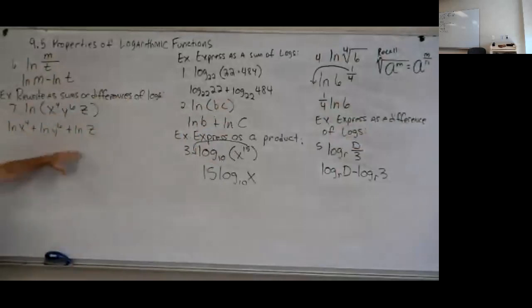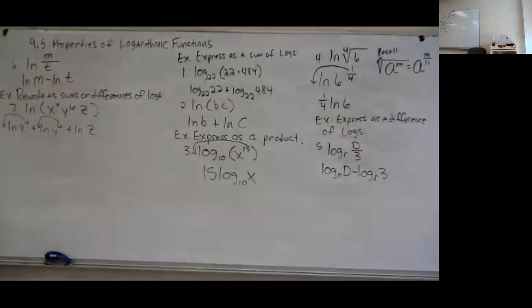Now, that's rewritten as a sum, but there's one more thing I got to do to all of these. Can you figure that out? Think about rule 2 I gave y'all. Rule 2 was the power rule. Yeah, we'll move these two exponents to the front of their logs. So this 4 has to come down and the 6.